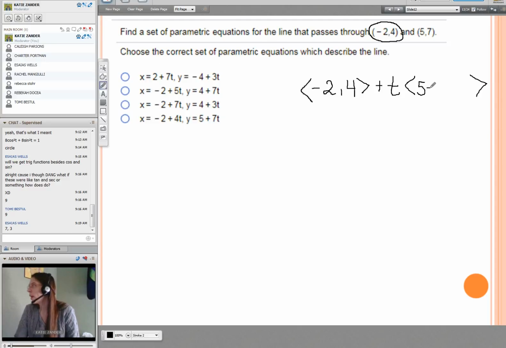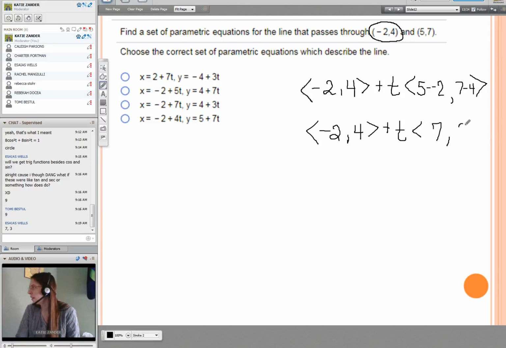So head minus tail rule, 5 minus negative 2, and 7 minus 4. Isaiah says that's going to be a 7, 3. So I'm just going to go ahead and write that vector 7, 3. I'm going to go ahead and distribute the t through the second vector.